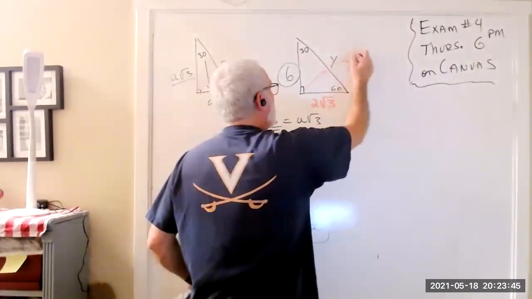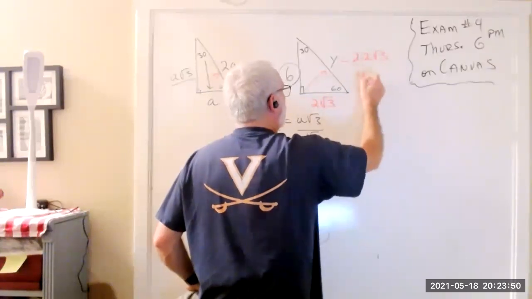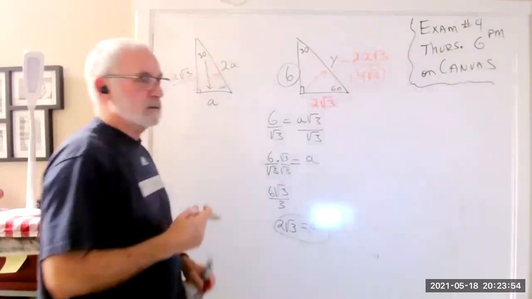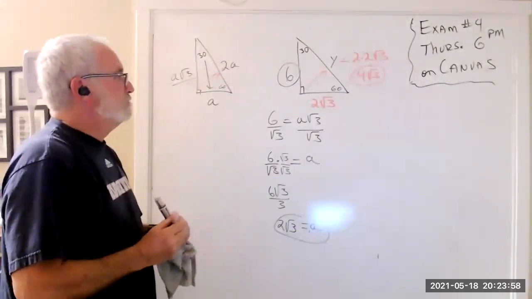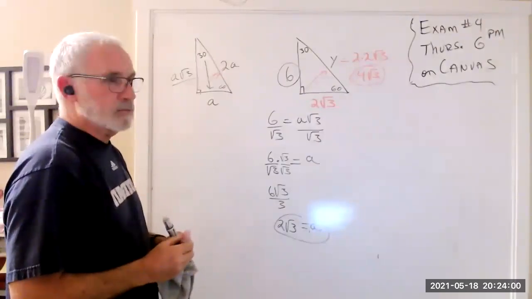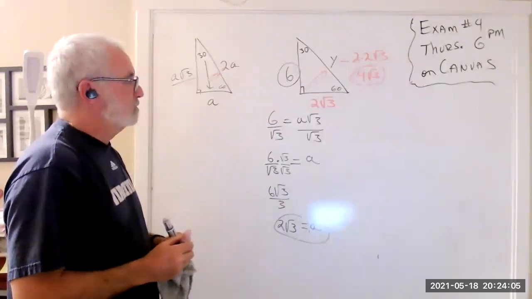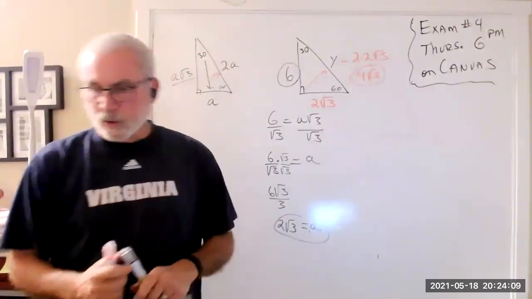So y is 2 times 2 radical 3, so it's 4 radical 3. And you're done. Yes or no? You guys okay?